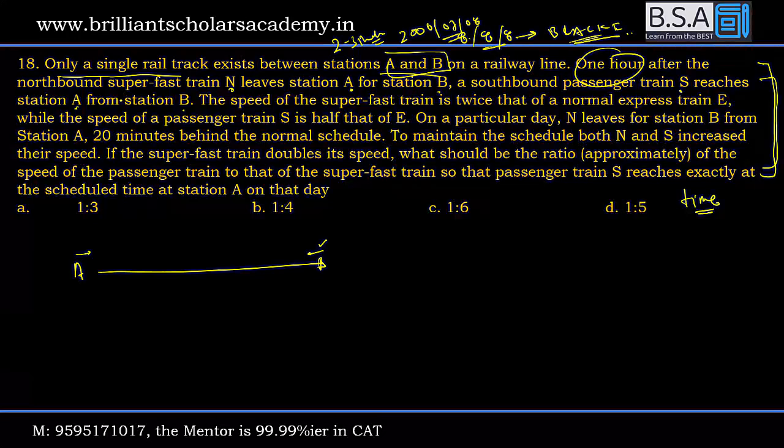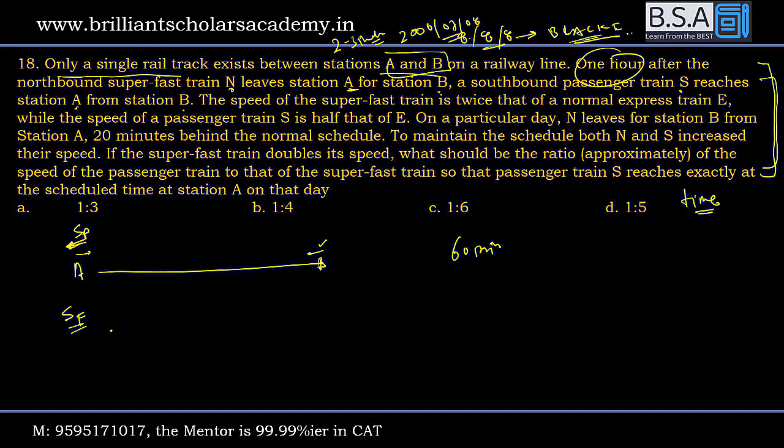1 hour after the northbound superfast train leaves station A, I'm calling it SF, superfast train, it leaves A. After 1 hour, there is a passenger train that reaches here. That tells me the total time taken by superfast and total time taken by passenger is 60 minutes.